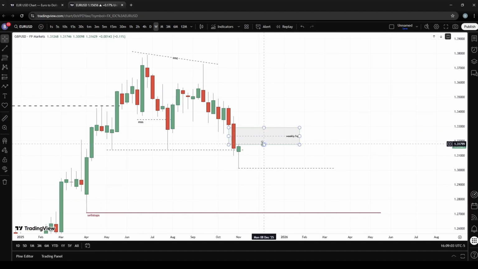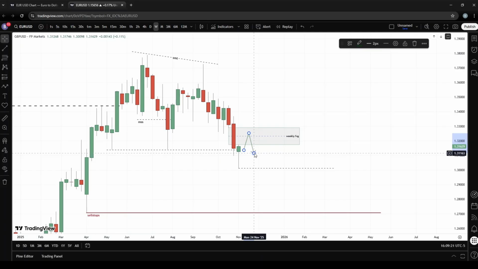So you'll have to wait for this candle to form next week, then wait for a reaction toward this weekly fair value gap, especially on the weekly time frame. Wait for this reaction, then you'll go down to the lower time frame.